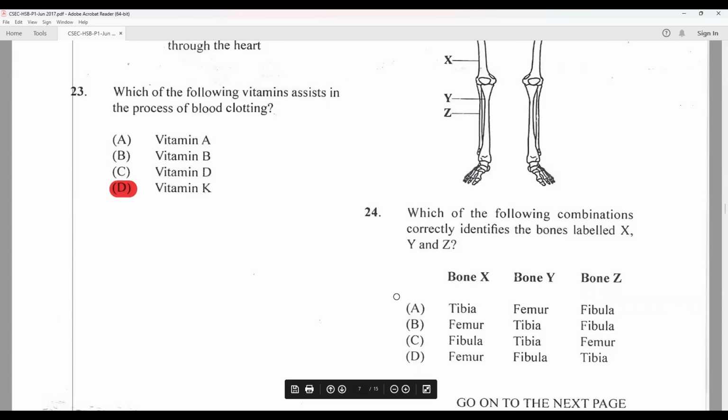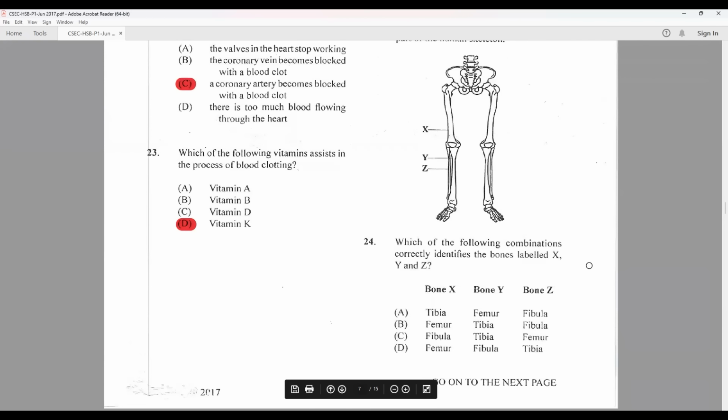Which of the following combinations correctly identifies the bones labeled X, Y, and Z? We have the femur, the inner bone being the tibia, and the outer bone, that Z bone, being the fibula, which puts our answer at B.